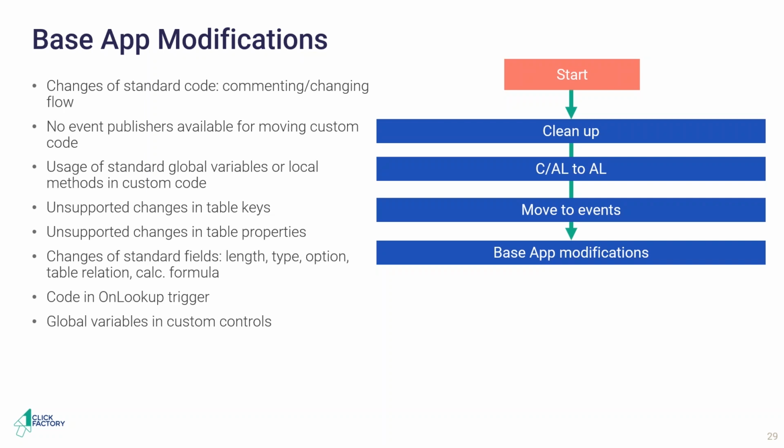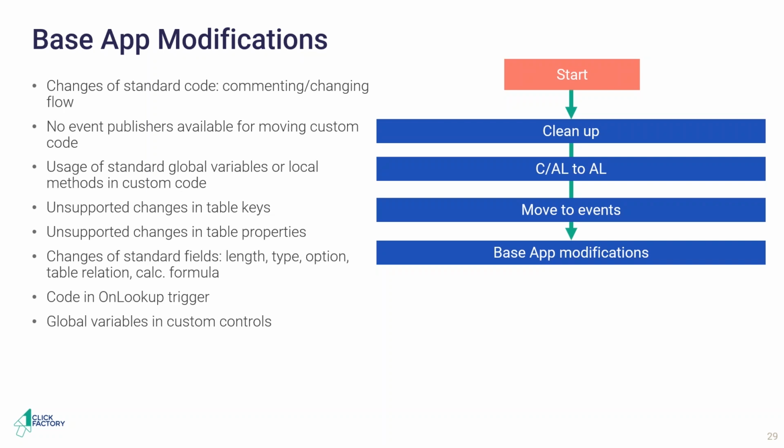One of the key things when talking about base app modifications is that when moving to extensions, you're not allowed to create any type of breaking changes. A breaking change is something that can cause the customer to lose data. For example, I'm not able to change the table keys.